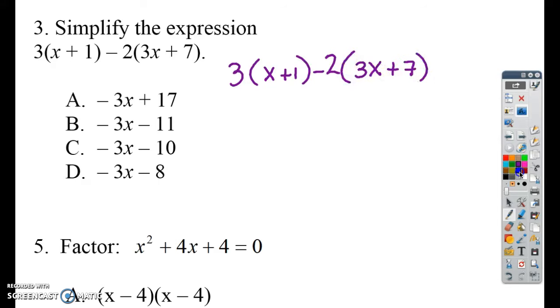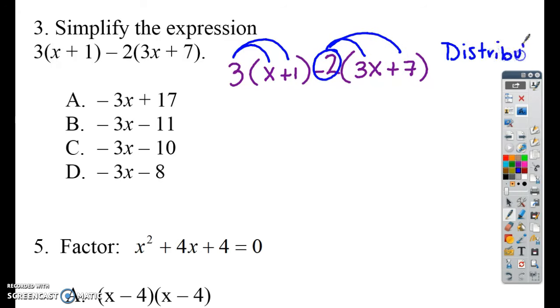So the first thing you're going to do is distribute. That's a negative 2. Distribute. And then after you distribute, you're going to combine like terms. Combine like terms, and that's how you're going to get the answer for problem number 3.